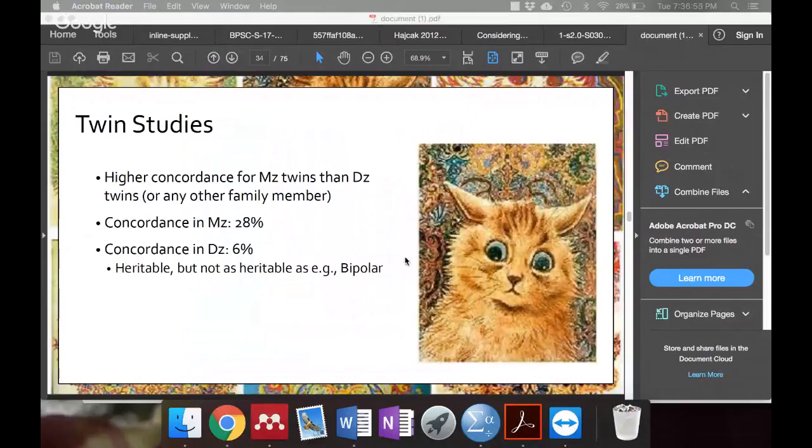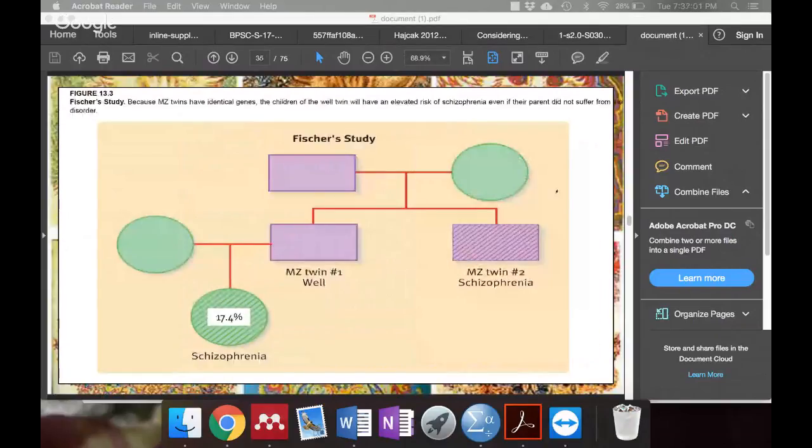And then this slide was showing a similar thing from a study done in Denmark, the incidence rate of schizophrenia compared to the population. At the top, we have parents, and this person has schizophrenia, and they're a monozygotic twin with this person. And then this offspring of them doesn't have the disorder.